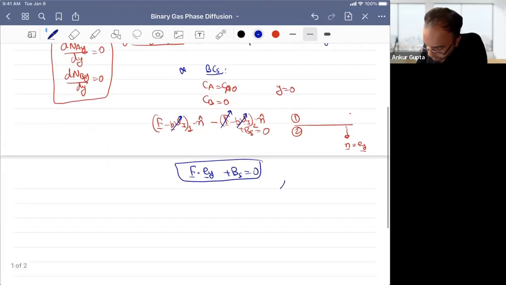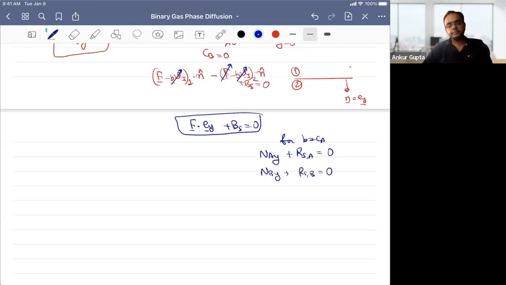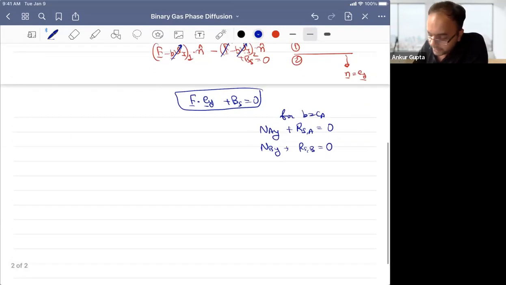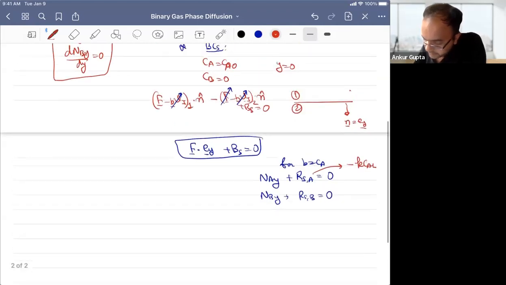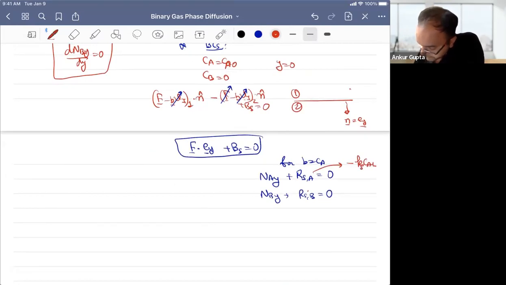For small b equal to CA, this becomes N_Ay, right? This is the flux component in the y direction, plus R_s of species A is equal to 0, and N_By plus R_s of species B is equal to 0. So this is what we get. Now, we know that R_s of A is minus k_s C_AL, and this value C_AL is the not-yet-known concentration at the surface, and R_s of B is plus 2k_s C_AL.